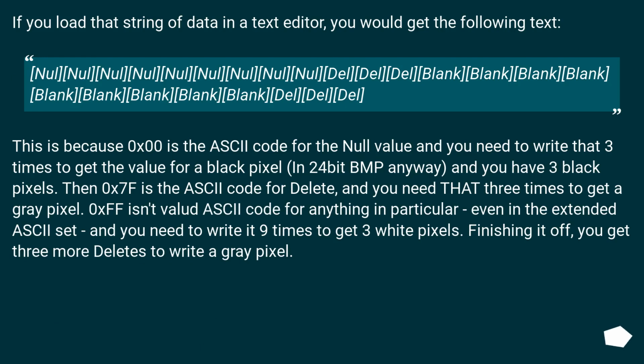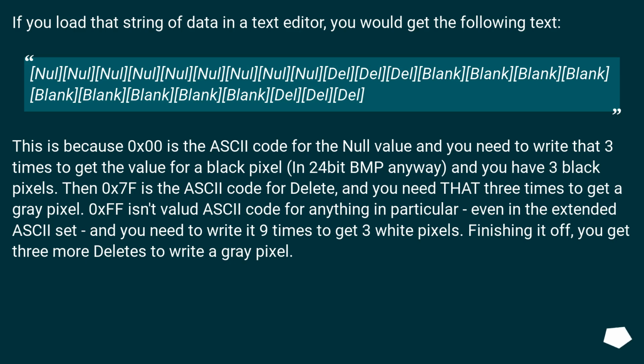If you load that string of data in a text editor, you would get the following text. Null null null null null null null null null del del del blank blank blank blank blank blank blank blank blank del del del. This is because 0x00 is the ASCII code for the null value, and you need to write that 3 times to get the value for a black pixel, in 24-bit BMP anyway, and you have 3 black pixels.